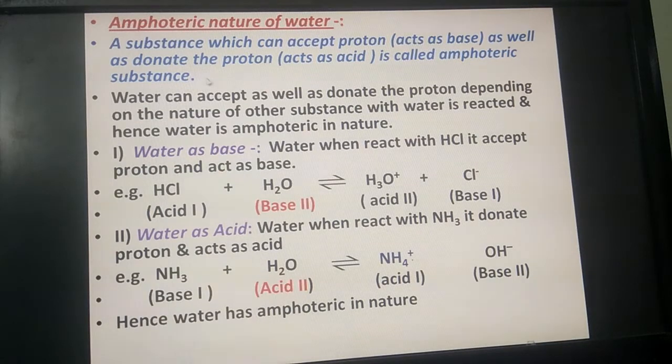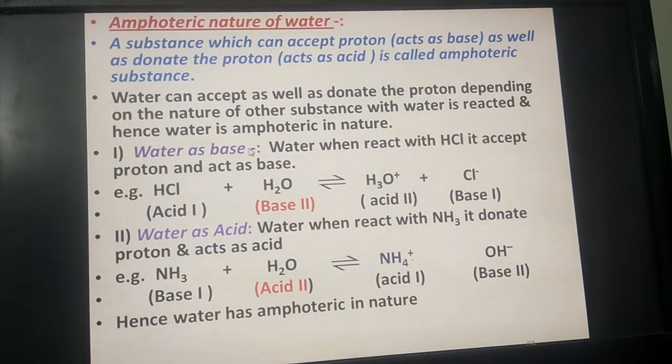And such property is present in the water, so water is an amphoteric in nature. Therefore, here water can accept as well as donate the proton depending on the nature of other substance with which water is reacted, and hence water is an amphoteric in nature.